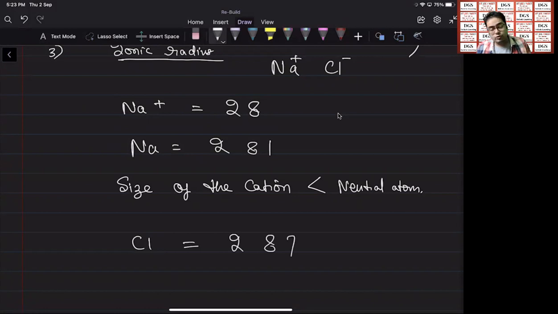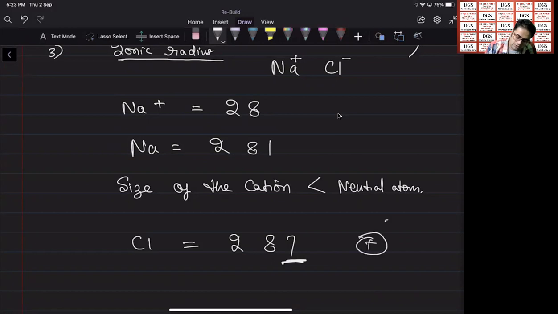If chlorine wants to carry one more electron in its outermost shell, then that electron must face heavy repulsion from the 7 electrons already present in the valence shell.